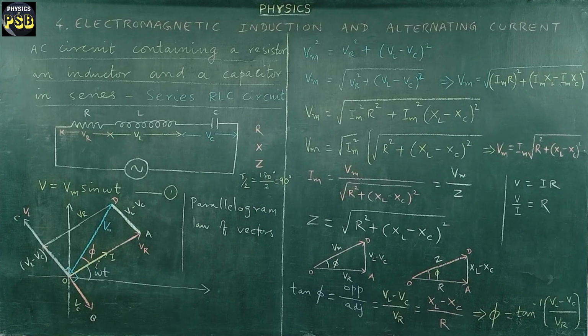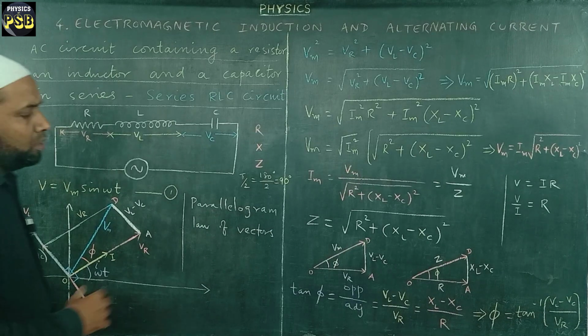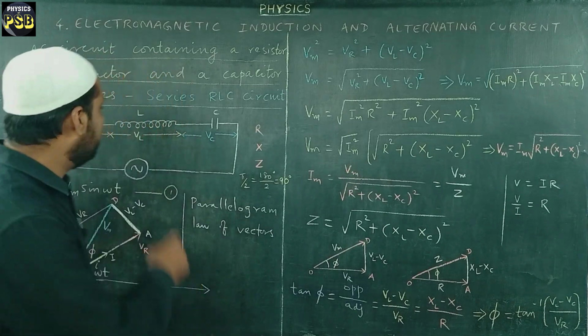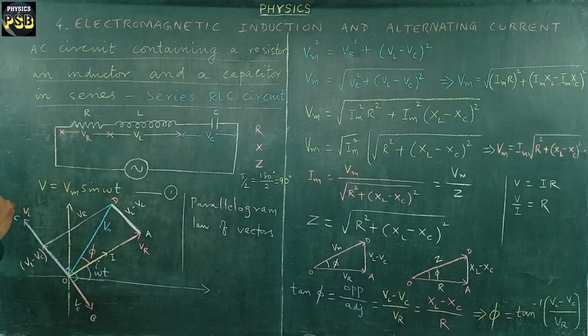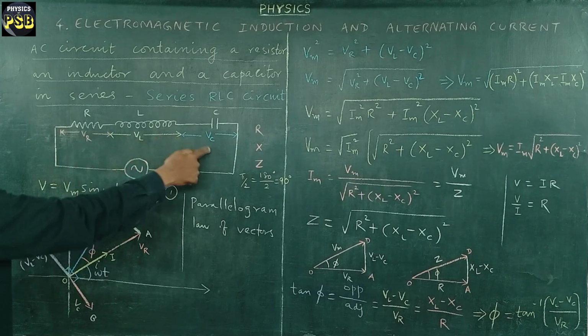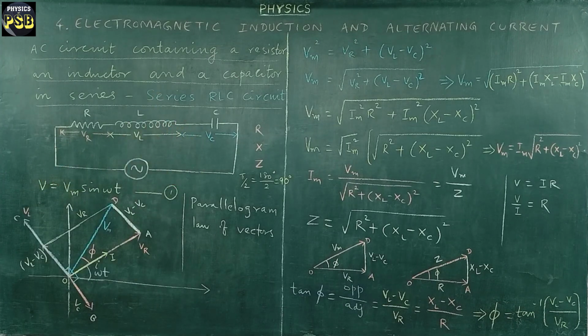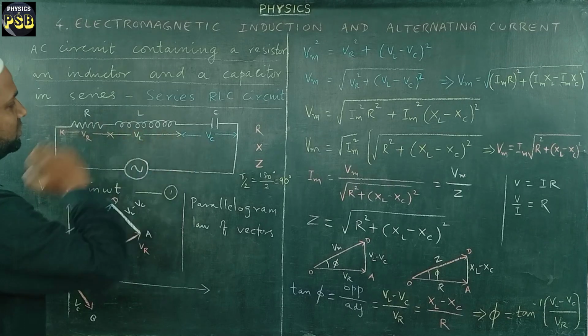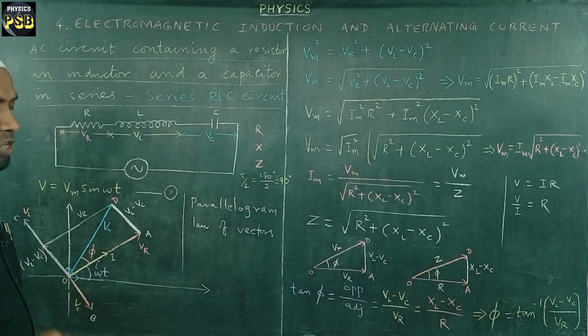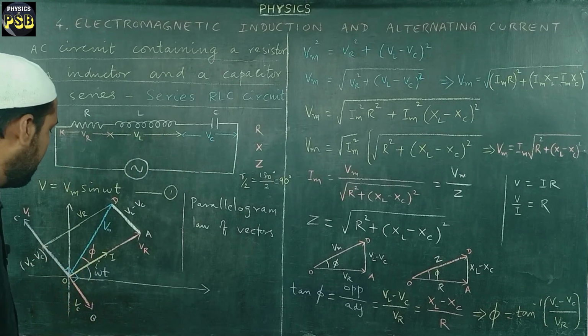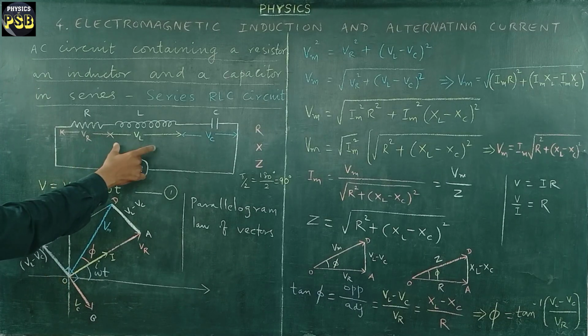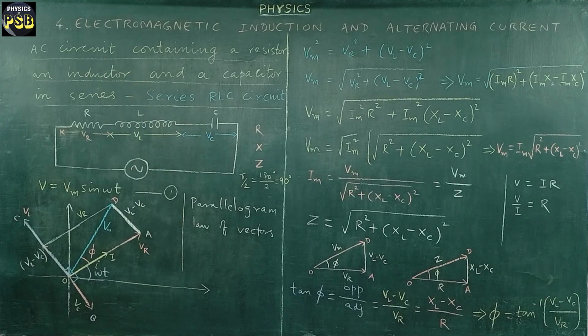Now, one can easily say whether the given RLC circuit is resistive, inductive or capacitive depending on the value of VL and VC. How is it so? Suppose voltage across the inductor is more than voltage across the capacitor. In such a case, what will happen?